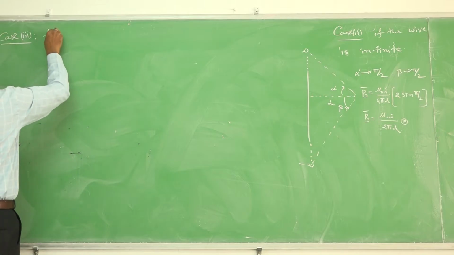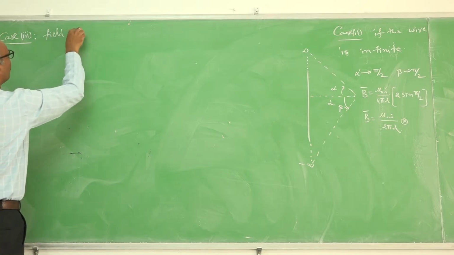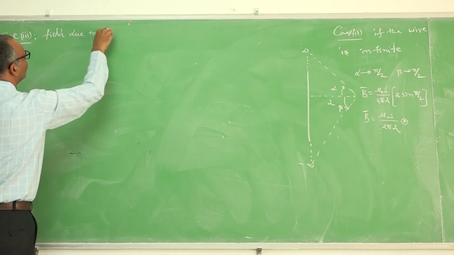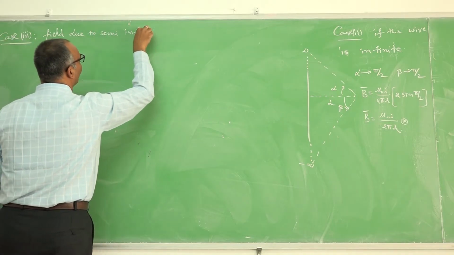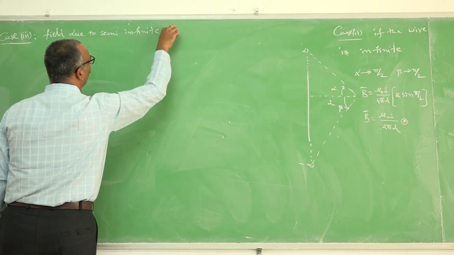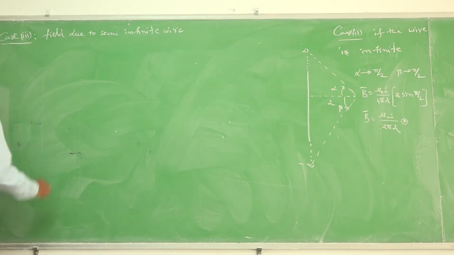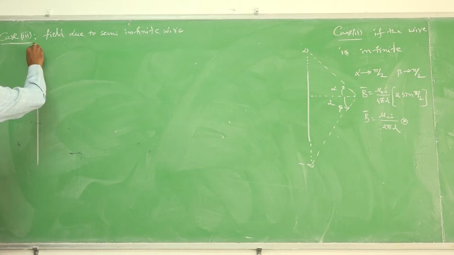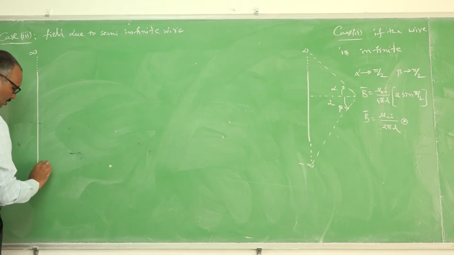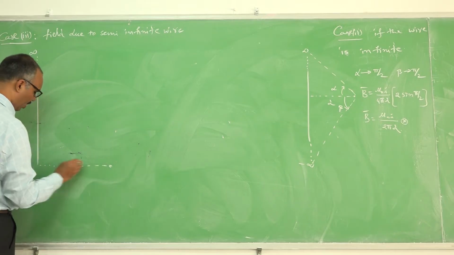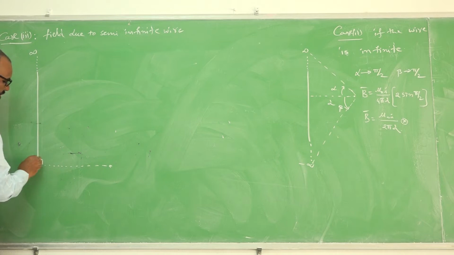Field due to semi-infinite wire. That means the wire is extended up to infinity this side. The point is located exactly on the perpendicular line from the conductor opposite to its edge.